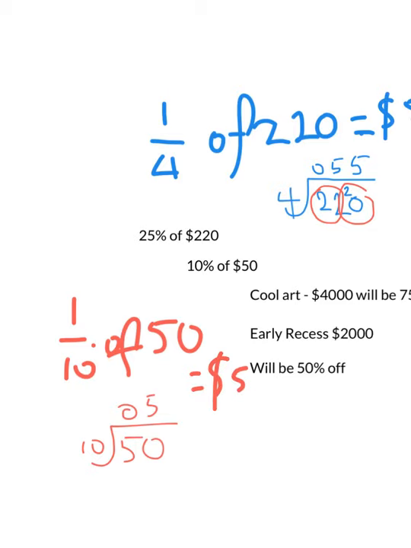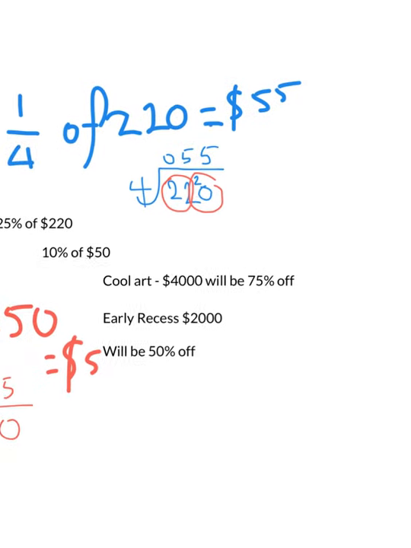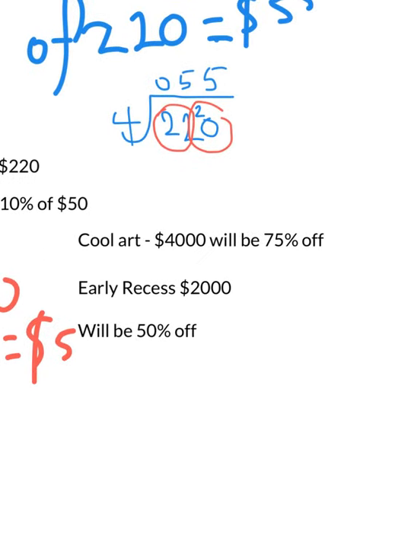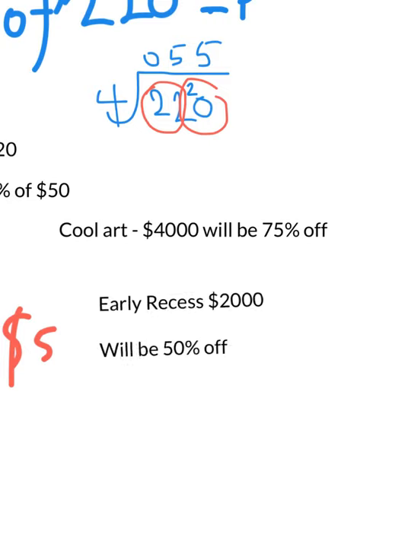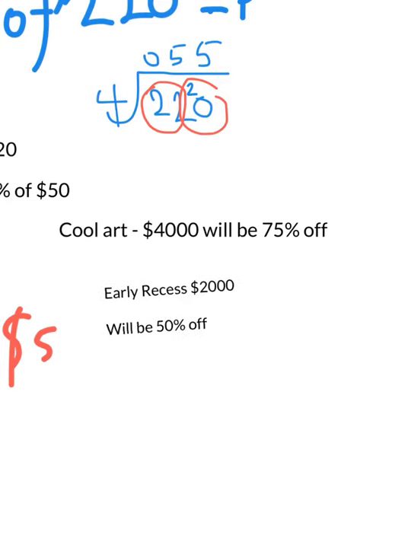$5. You may come across these sort of questions. It'll give you a price and give you an item that has a discount on it. The first discount that will happen in Percentage Week is that the Reward Early Recess, which is currently $2,000, will be 50% off. So what's the new price?